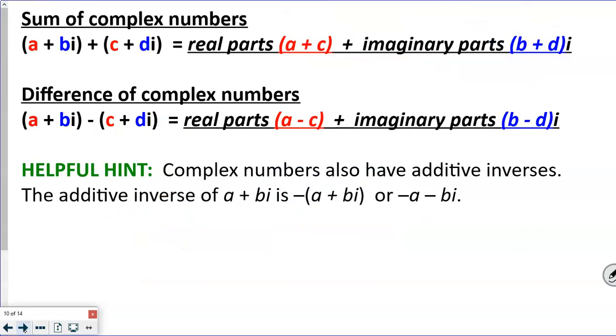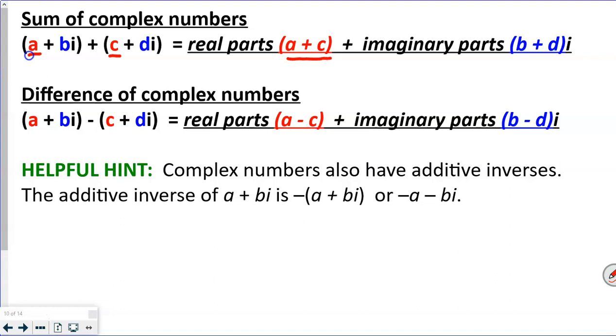All right, so the next thing we're going to do is talk about how to add together, take the sum of two complex numbers. So when we do that, we notice we're going to add the real part to the real part. That's why we got a plus c here. And that's in your notes, right?